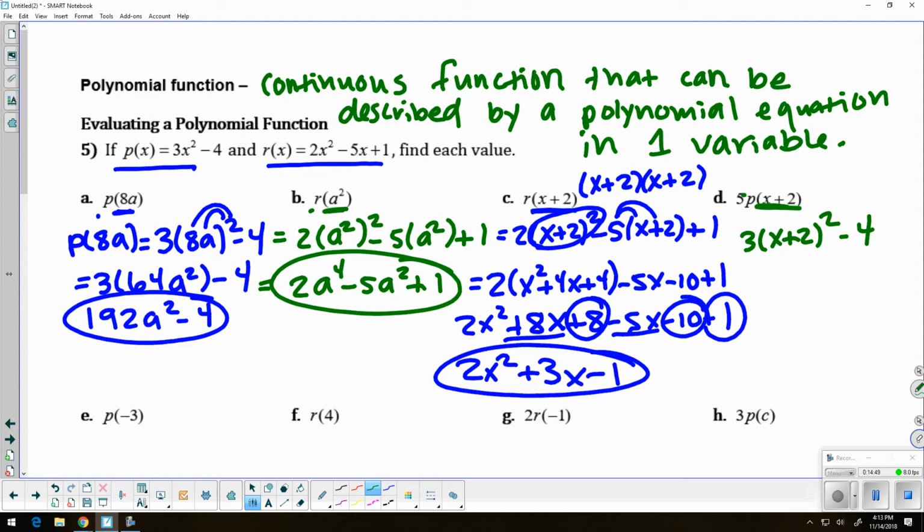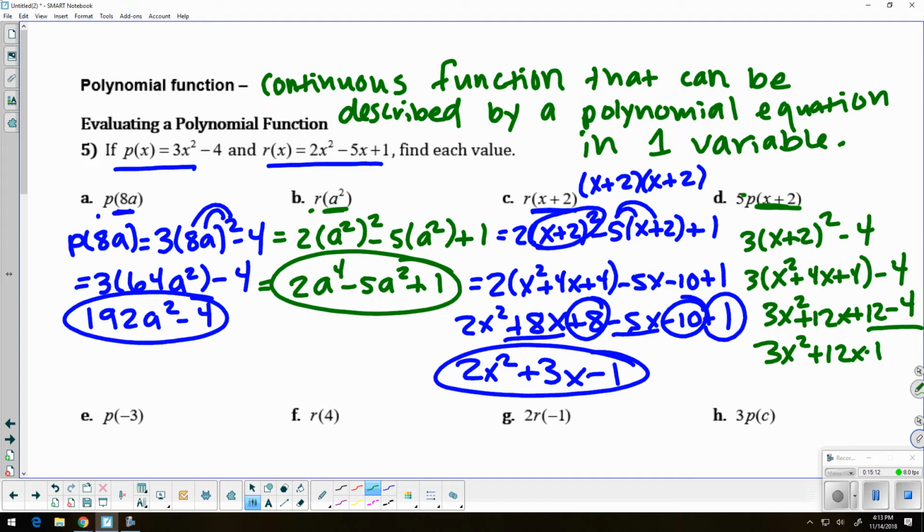Okay, so again, FOILing out x plus 2, we just did in the previous problem, you will get x squared plus 4x plus 4 and then minus 4. Now distribute 3. So I'm going to have 3x squared plus 12x plus 12 minus 4. 12 minus 4, I get 3x squared plus 12x plus 8.